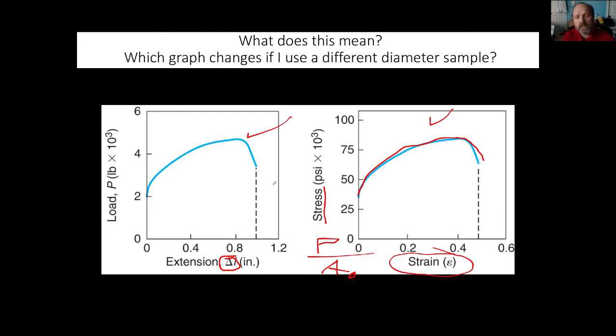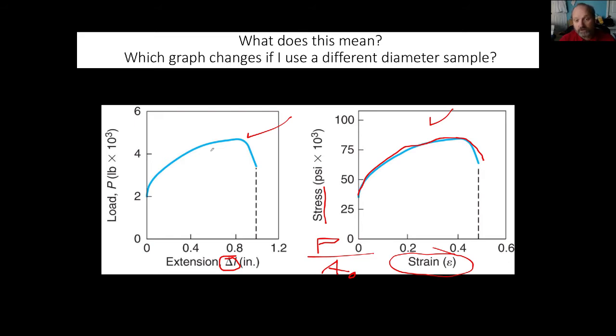You can pull on those two different samples. So you have two different materials and you're trying to compare them. You have to normalize the data. You have to calibrate the data to the sample cross-sectional area.